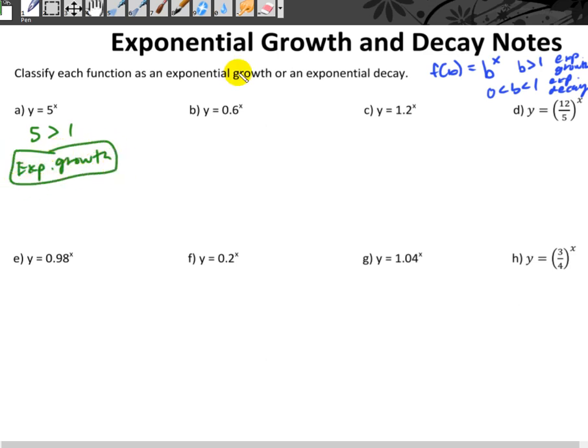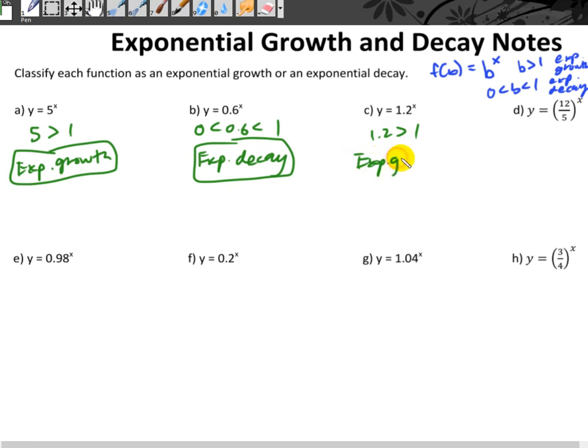This one here, 0.6 is between 0 and 1. So this represents exponential decay. This one, 1.2. If I put 1.2 in here, 1.2 is greater than 1. Since 1.2 is greater than 1, this is going to represent exponential growth.